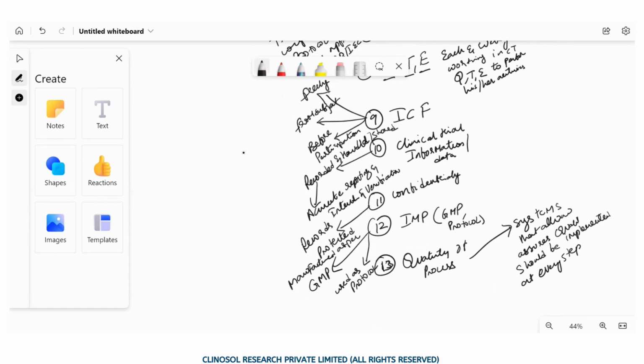The investigational medicinal product should be manufactured as per GMP and used as per protocol. Systems that assure quality should be implemented at each and every step. So these are the 13 principles of GCP.